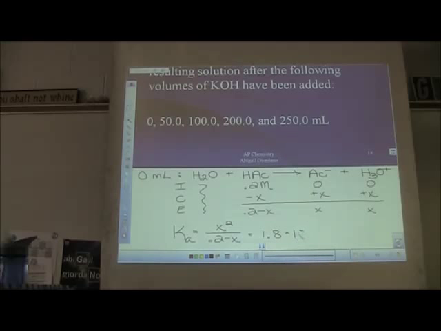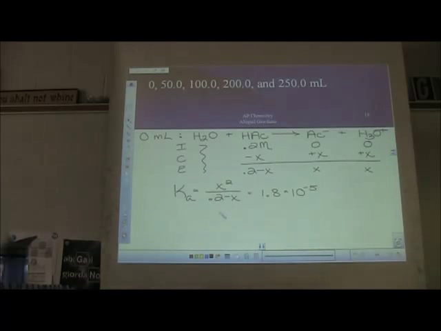How do I solve for x? Well, you graph it and then find the intersection. Very good. That's very nice. Okay. Don't worry about sig figs too much yet, because this is not my final answer anyway. How do I get to a pH at this point?